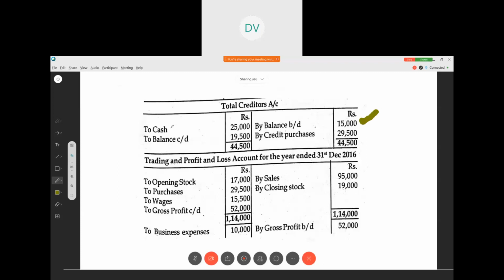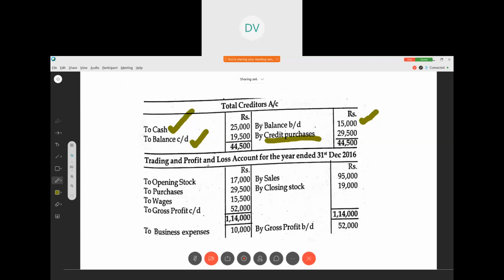It is there in the cash book. Cash paid to creditors. Correct? That is there. Then closing balance is given 31st 12. So this is the balancing figure, credit purchases. So usually total debtors and total creditors account is prepared in order to find out credit purchases and credit sales.